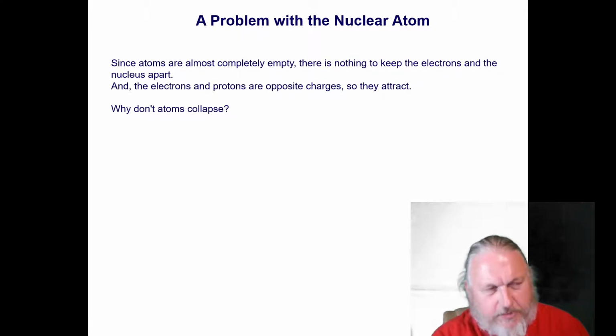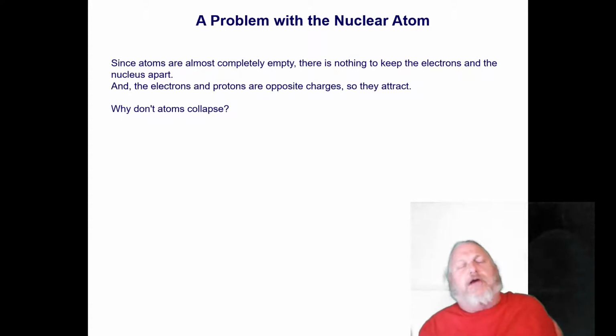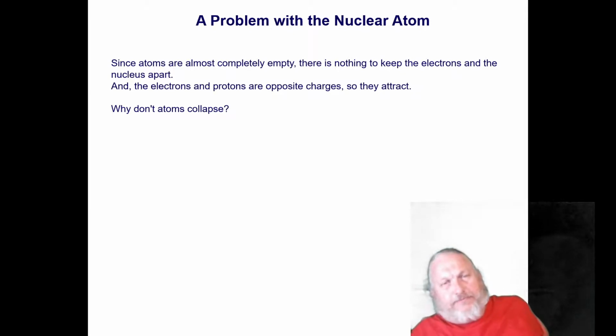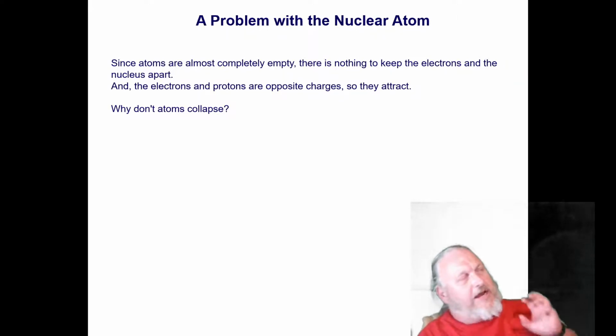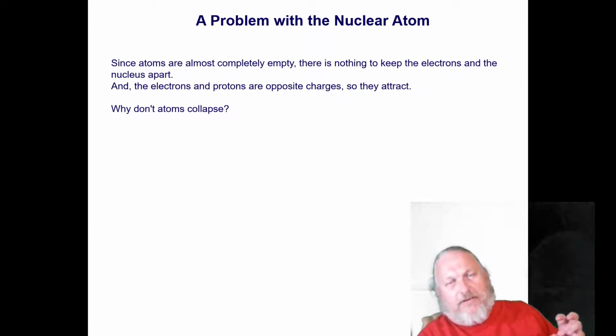So, we notice some problems with the nuclear atomic model. Since atoms are almost completely empty, there's nothing to keep the electrons and the nucleus apart. So, a positive charge and a negative charge do what?